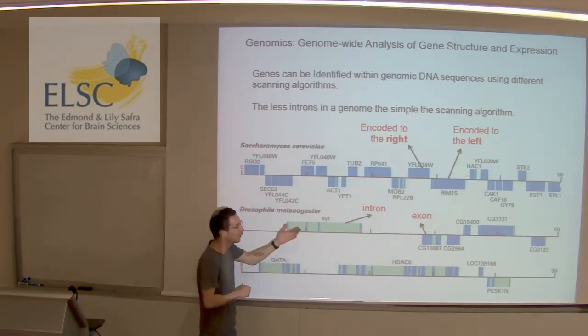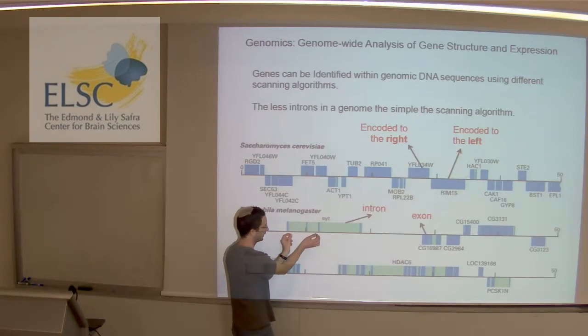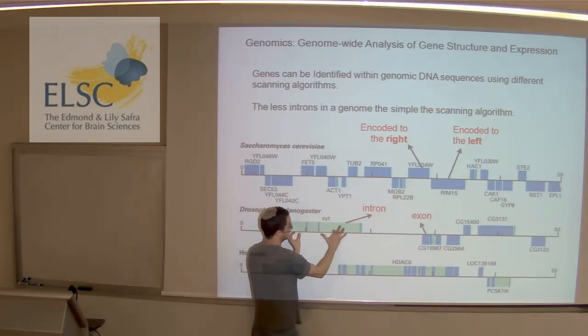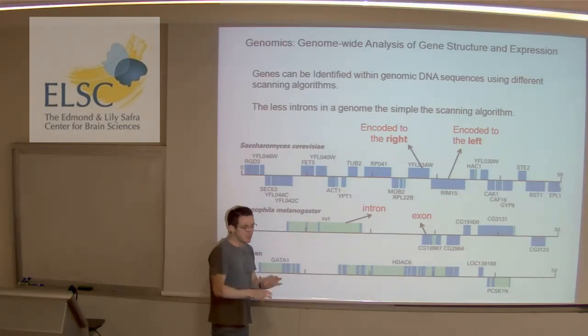So the algorithm in these organisms has to work in a much more fragmented manner, and then be able to say that these 4 different exons, for instance, do belong to the same gene. And this is a much more complicated task. And as far as I know, the algorithms here actually perform very badly.